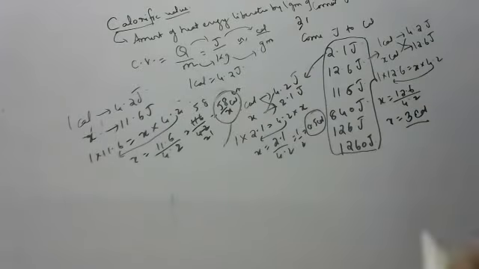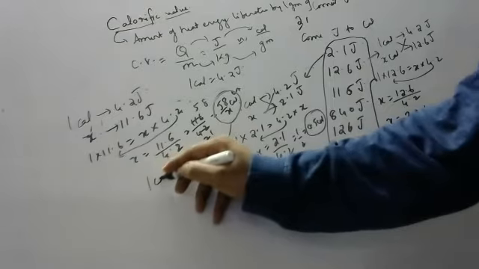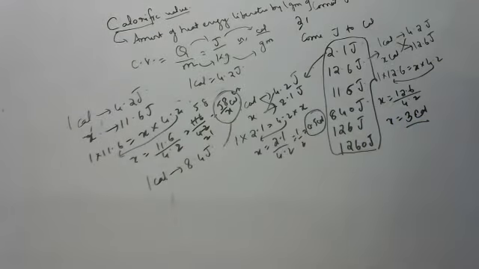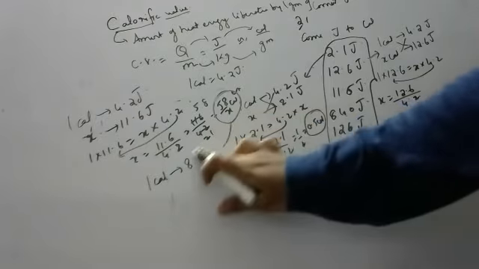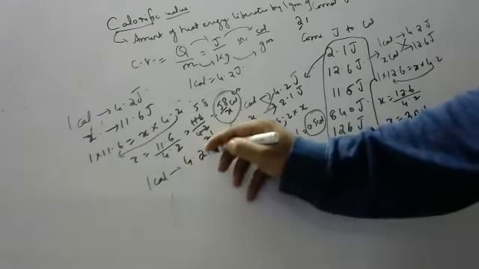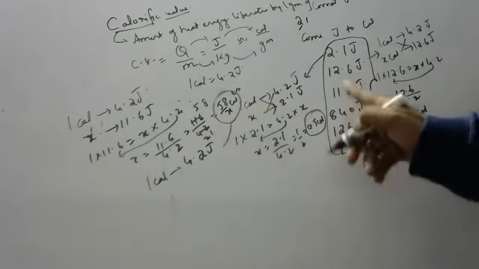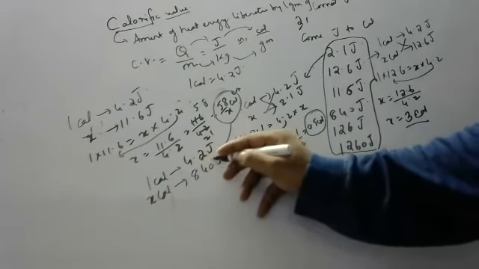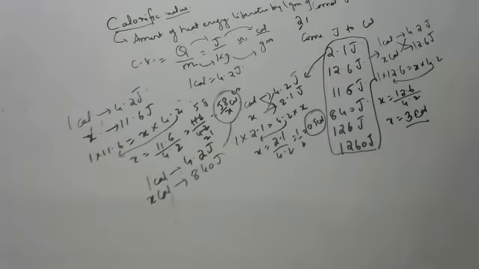Okay. Satvik, can you tell 840? Yes, sir. 1 calorie is equal to 4.2 joules. x calories is equal to 840 joules.